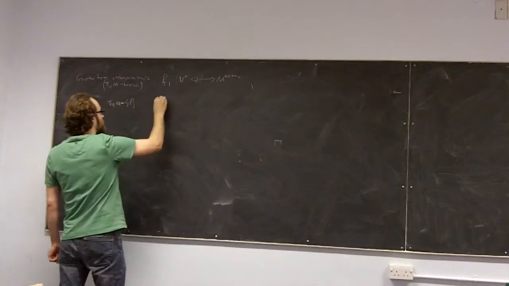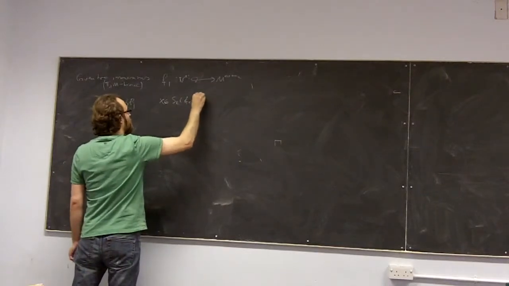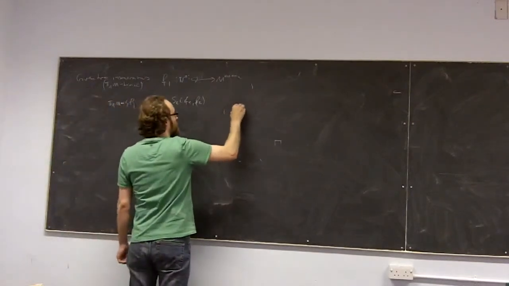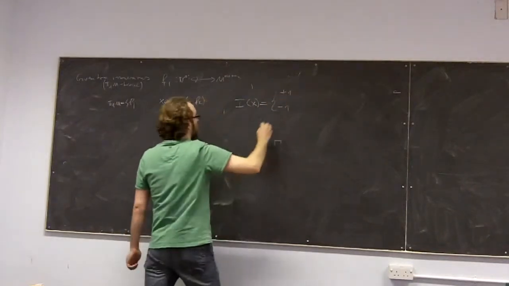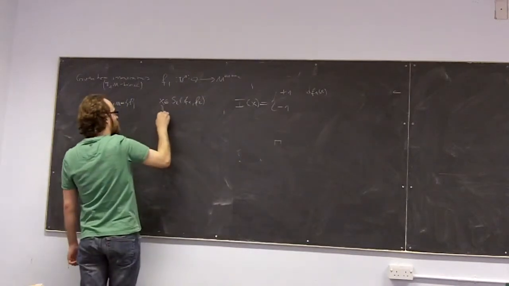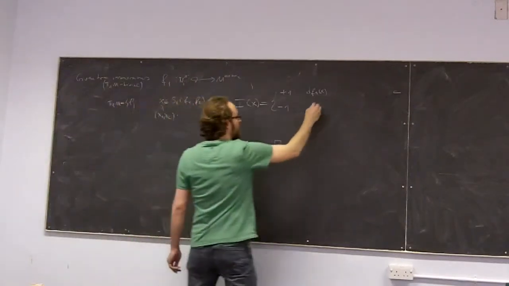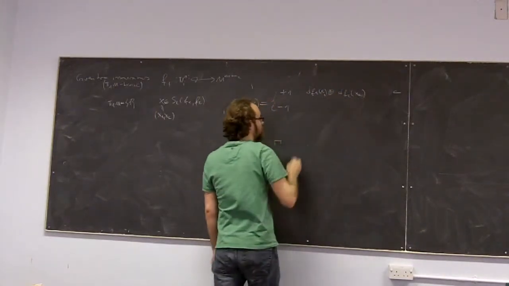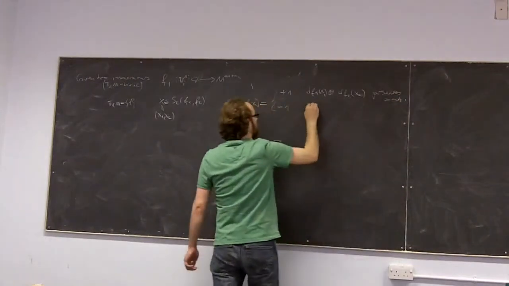So I can look at a double point and assign an index to this, plus 1 or minus 1, depending on whether f1 of x1, so x1 is in N1, x2 is in N2, depending on whether this preserves the orientation, or minus 1 otherwise.